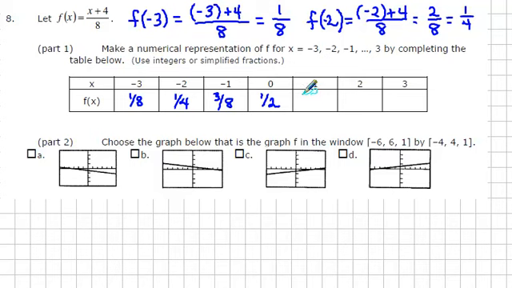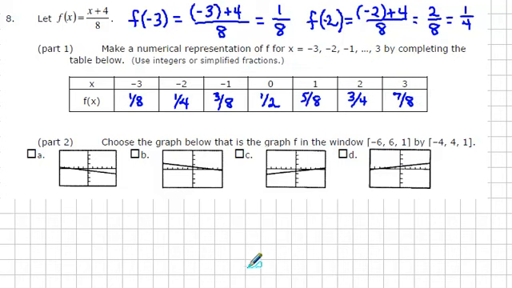The next one will be 5 over 8. The next one will be 6 over 8, and 6 over 8 reduces to 3 over 4. And then finally at 3 we'll have 7 over 8.